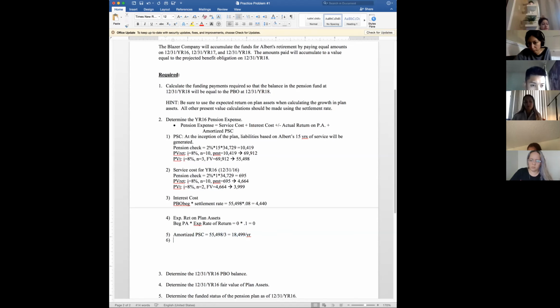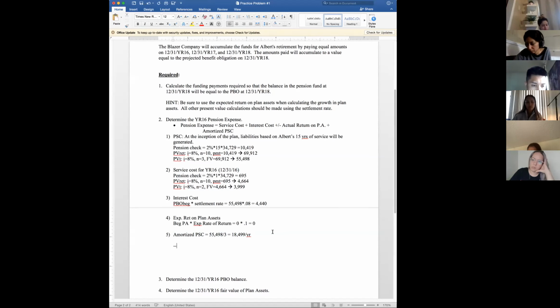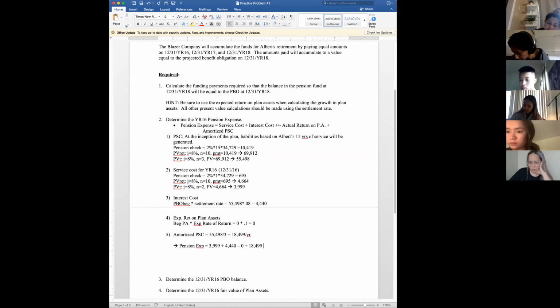Now we are ready to calculate the pension expense. Pension expense is service cost $3,999 plus interest cost $4,440, and then return is 0, and then amortized prior service cost $18,499.